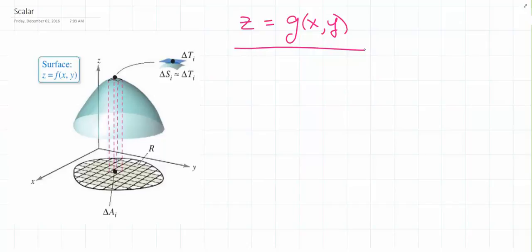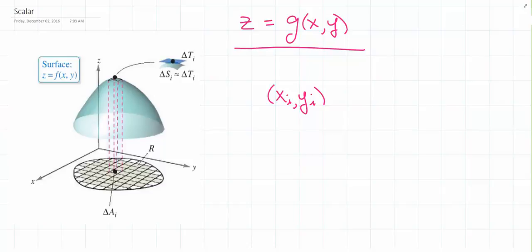So we've got a region down in the xy plane like this picture. And the game we'll play is we will think about a tangent plane at a point. Maybe down here we would have this point xi, yi.